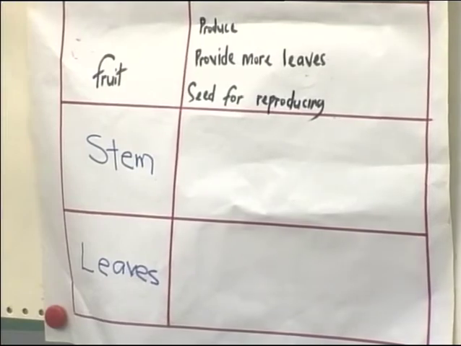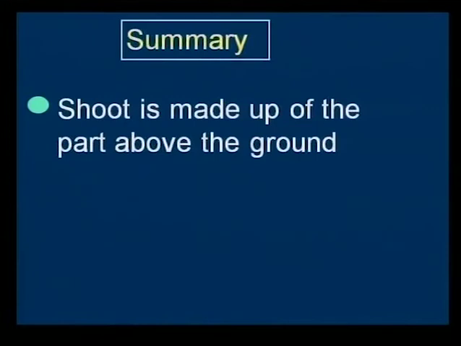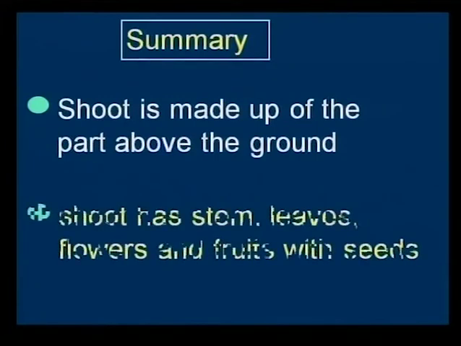Right, our summary for today. Shoot is made up of the part above the ground. Right, a shoot has stem, leaves, flowers, and fruits with seeds.